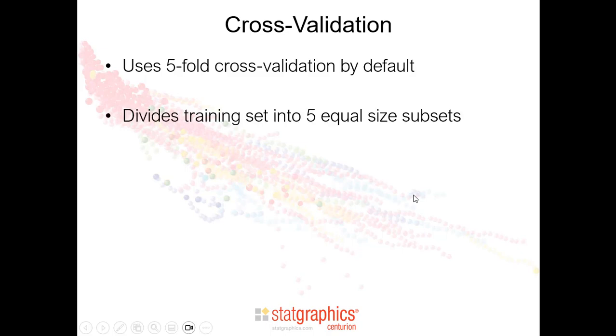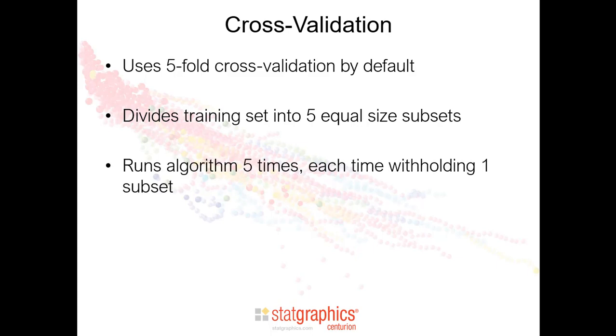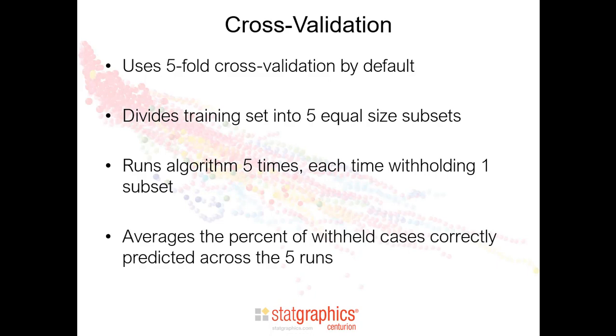With five-fold cross-validation, you divide the training set into 5 equal-sized subsets. You then run your algorithm 5 times, each time withholding one subset. The resulting statistic is the average of the percent of withheld cases correctly predicted across the 5 runs.